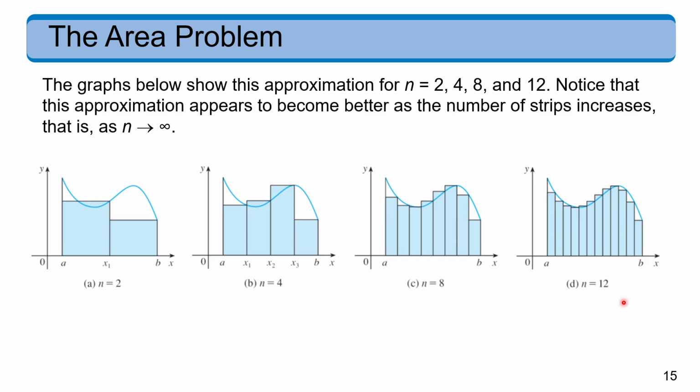The more rectangles you use, the better your approximation is going to be because the rectangles are going to fit more closely into the region you're trying to find. Right, the main issue with using more and more rectangles, if you're calculating these by hand, is it becomes a lot to calculate. You have to find a lot more areas of all the rectangles. But that's the idea. Increasing the number of rectangles will improve our approximation.